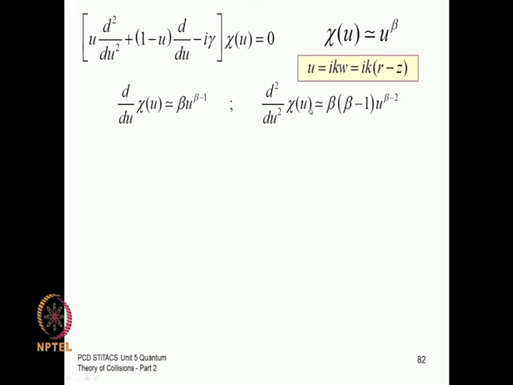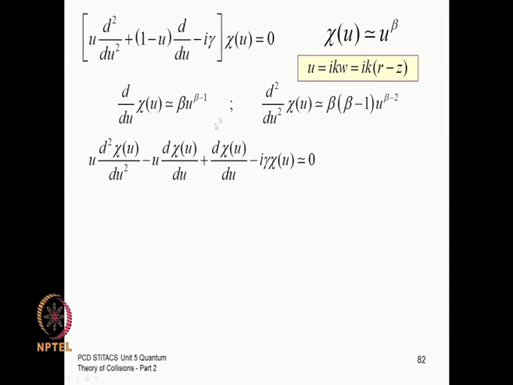Now, we can take the second derivative, and put the corresponding terms from the right hand side of these two equations in this differential equation and see what we get. So, here we have done that, and you can see that this term will have to go here in the second derivative of chi with respect to u. The first derivative will have to come here. So, put in all of these terms.